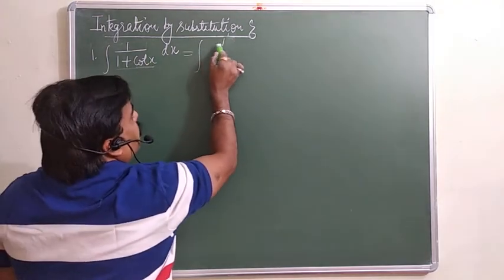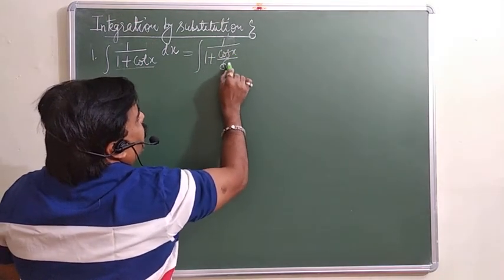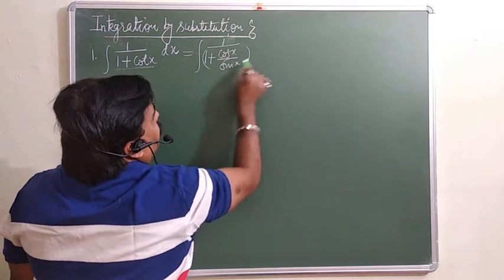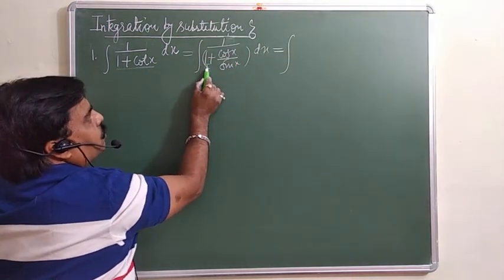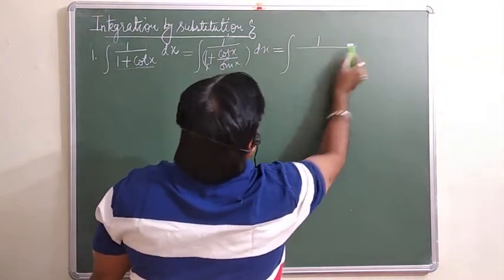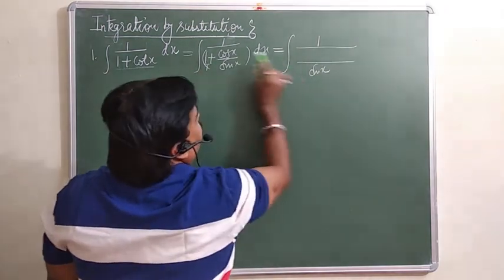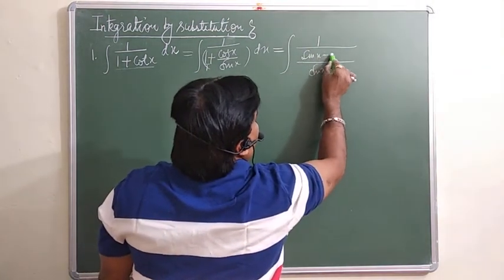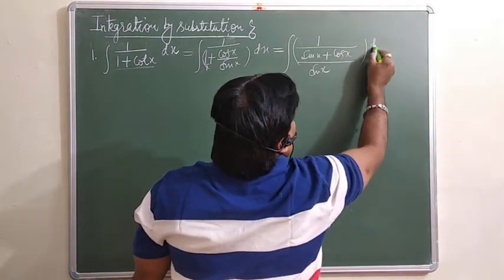So this can be written as 1 over 1 plus cos x over sin x dx, and you can take the LCM here, so what you will get is 1 whole over, this is sin x, you will take sin x here, and this is sin x plus cos x, this is your dx.